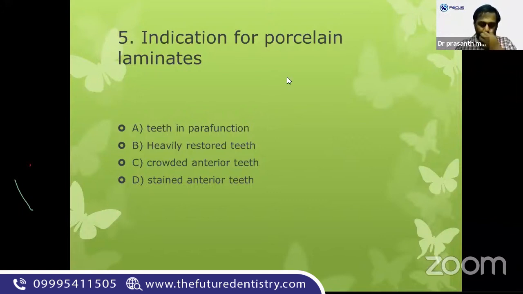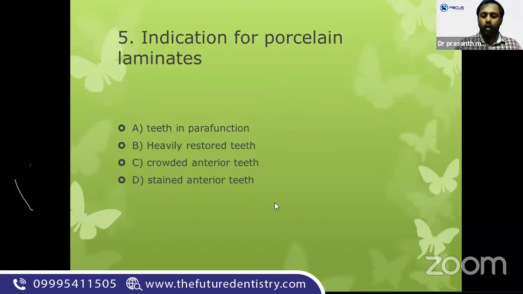Coupling agent, silane coupling agent, is used. It is similar to the bonding agent we use for natural teeth. After the ceramic has been etched, you should have some bonding agent that helps you bond the ceramic with the resin cement.